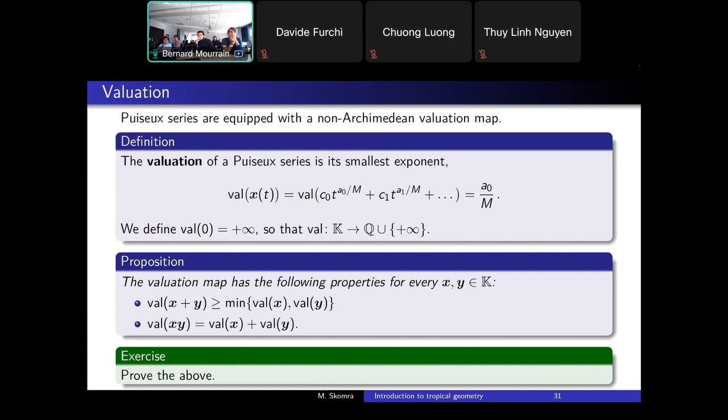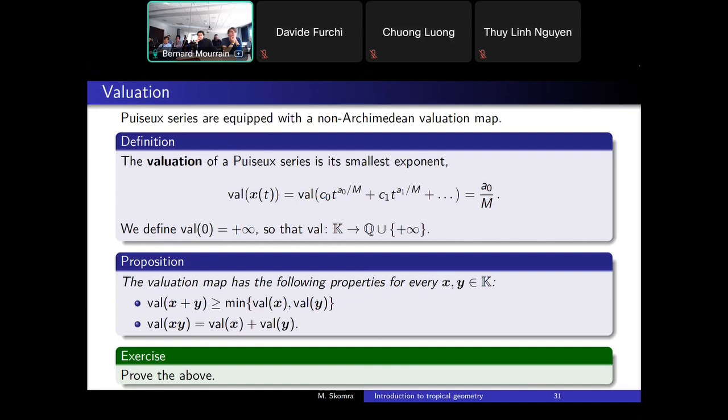And now the second property is that if you add two series together, then the valuation is at least the minimum of the valuations. And now we have to distinguish two cases, right? If I add a series that starts with t^2 to a series that starts with t, then in my sum I will start with t as the smallest one.